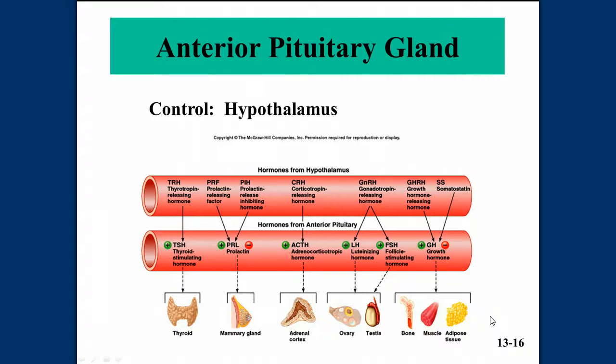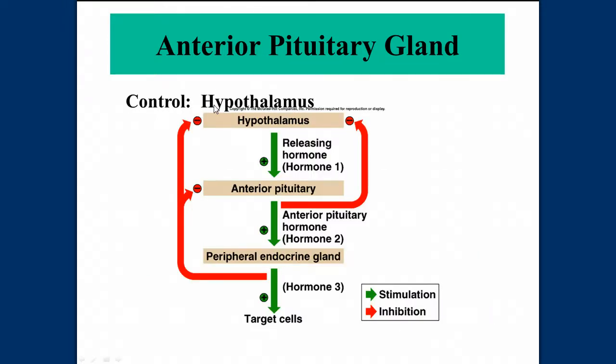Let's talk about more of those. Okay, the control for the anterior pituitary gland is by the hypothalamus, and again, this is just a little different graphic where the hormone that is released by the hypothalamus can be for stimulation, or it can be for inhibition, or not, to stimulate the anterior pituitary to produce a hormone for the target cell, either a peripheral endocrine gland or directly to other target cells, and again carried by the bloodstream.